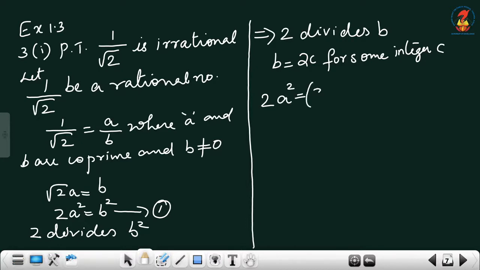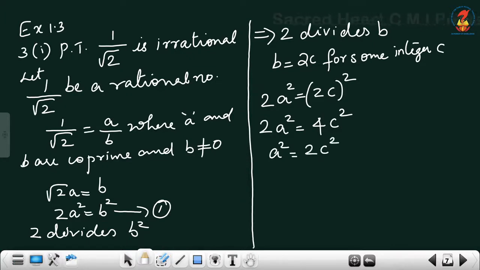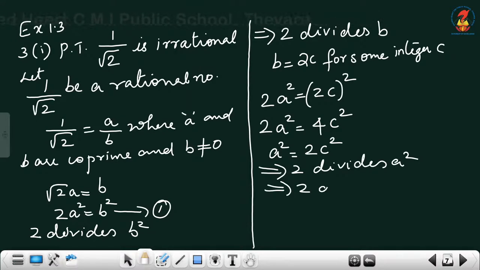Instead of b square, we can write (2c) whole square. So 2a square is equal to 4c square. That means a square is equal to 2c square. This means that 2 divides a square. That implies 2 divides a.